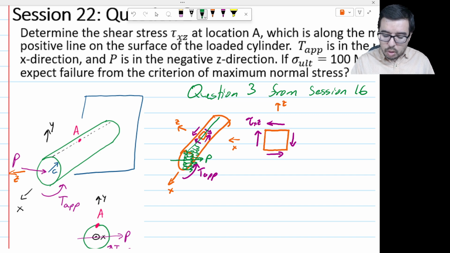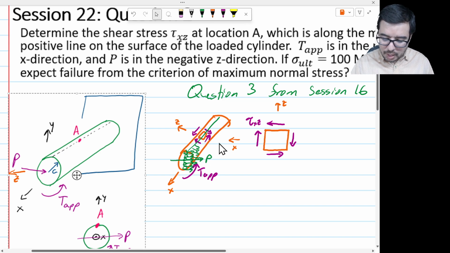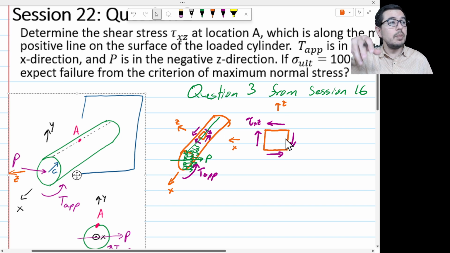So what's actually happening on that face is P is contributing a shear stress that is going the opposite direction of what we've drawn here. Remember this is X and this is Z, so this element is rotated 90 degrees from what we see here. There's actually a contribution, if you look here. It's going this direction, whereas T_app was going this direction.